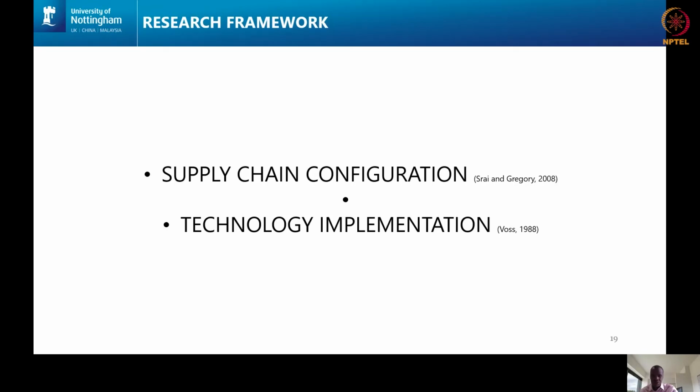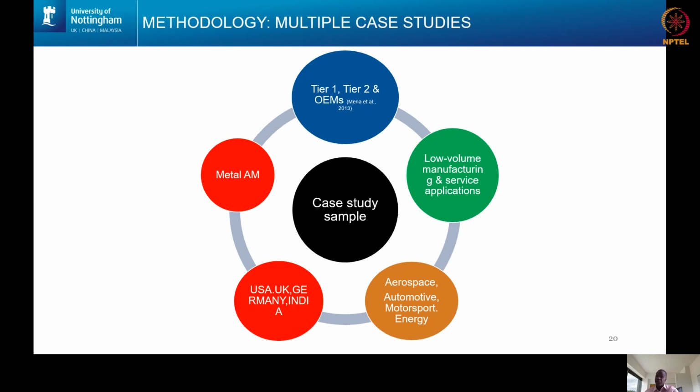So we adopted a very exploratory orientation for our research because there's a lot of theory that needs to be developed in this field. We employed two established management theories known as supply chain configuration and technology implementation to explore different low volume applications in different industries. So we looked at low volume applications because additive manufacturing is considered to be very slow at the moment and not very economical for high volume, cost sensitive applications in industries such as high volume automotive.